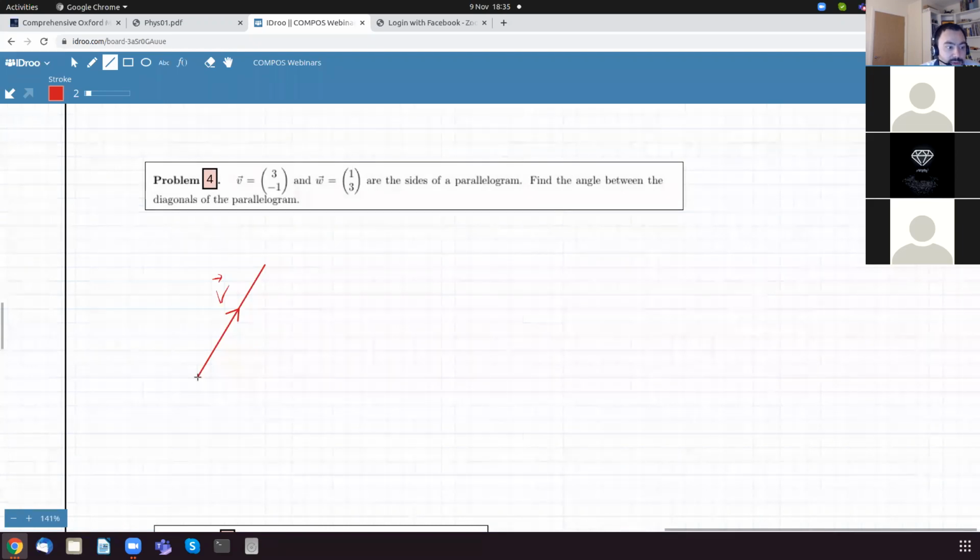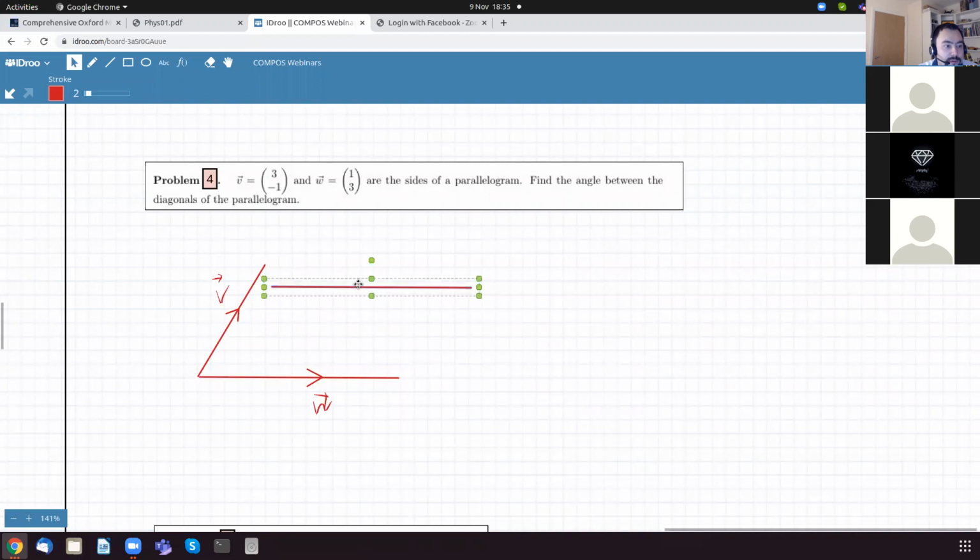Yes, you need to use dot product here. And this is vector w, and it says that they are sides of a parallelogram. So you copy this side over here, and you copy this side over here. So you have a parallelogram.